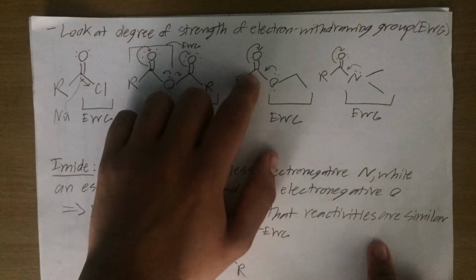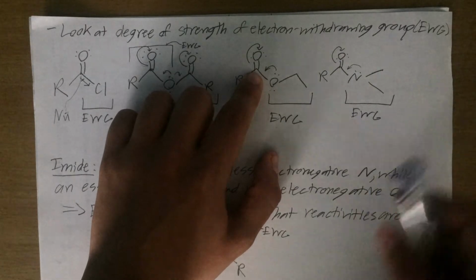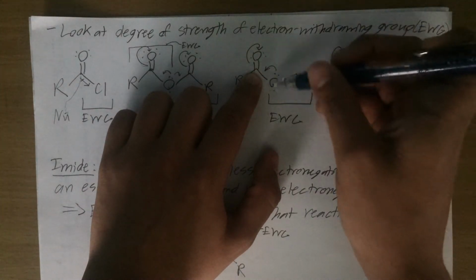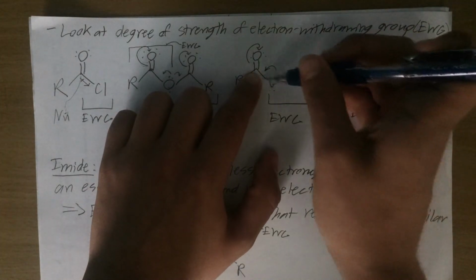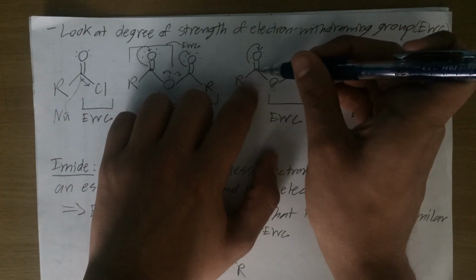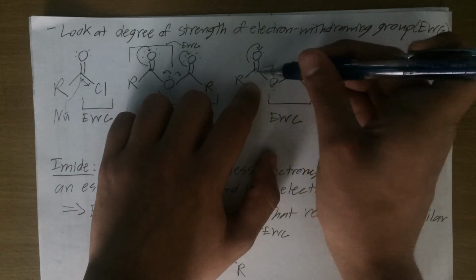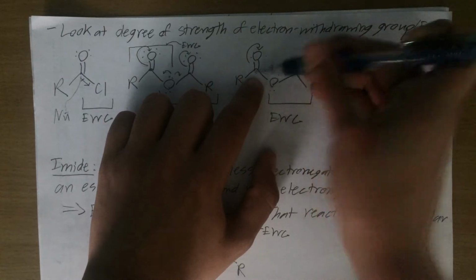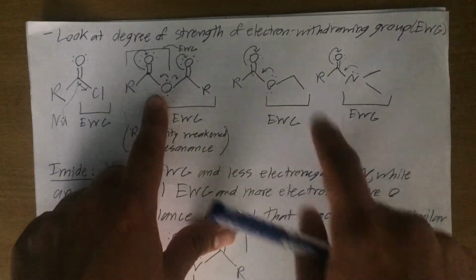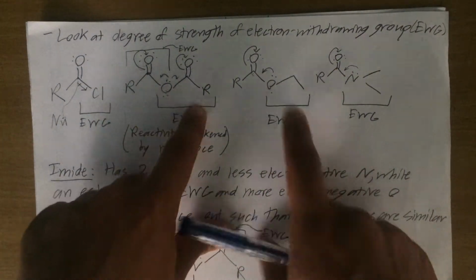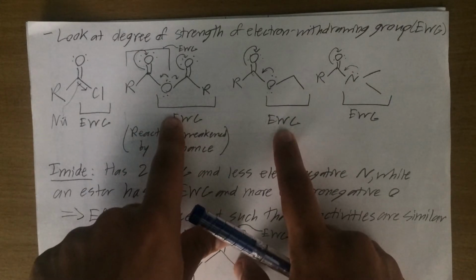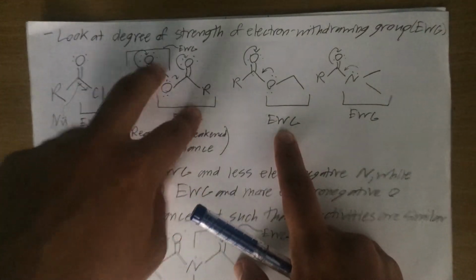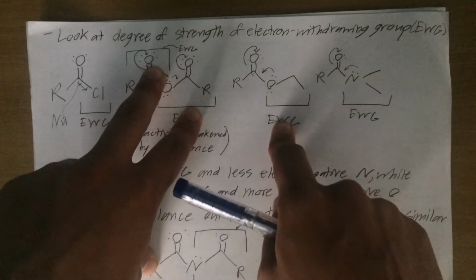All right. So for this carbonyl carbon, all this is the electron withdrawing group. The oxygen wants to take away the electron density from this partially positive electrophilic carbonyl carbon. However, let's compare the acid anhydride and the ester. Both of them are resonance stabilized, right? But the acid anhydride has two electron withdrawing groups, while the ester has only one.